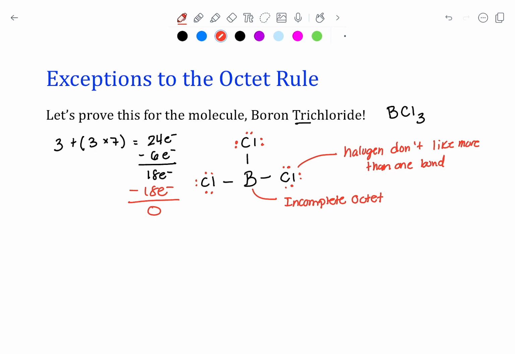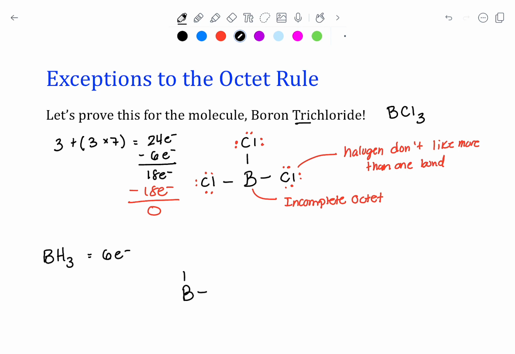Boron just strictly will not form any double bonds. This is because it's so small, it only has 5 protons. So if I tried to make any double bonds or anything like that, it's just overloading that nucleus with too many electrons, and it doesn't balance out the charges very well. So boron is fine having only 3 bonds. We also see this with BH3, where I only have 6 electrons to work with.